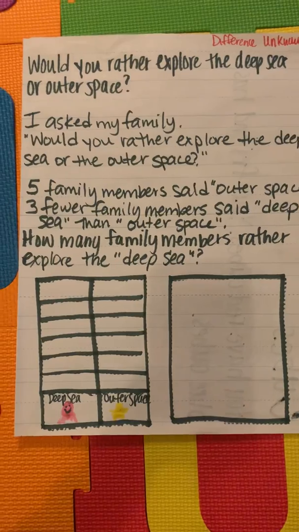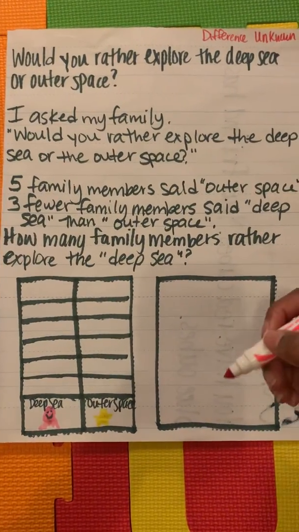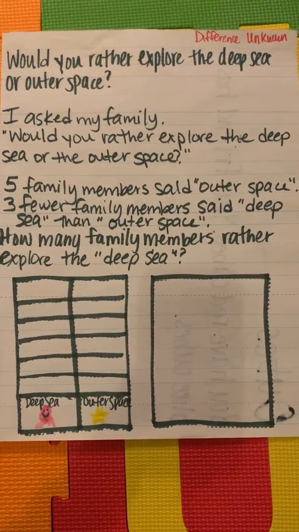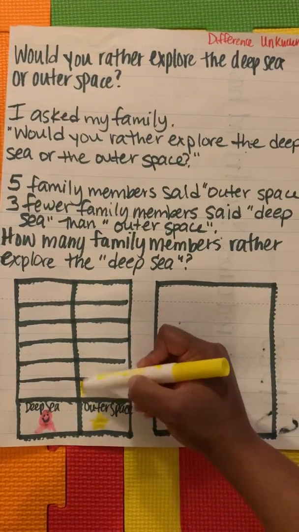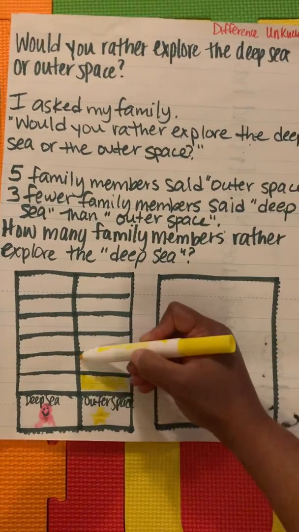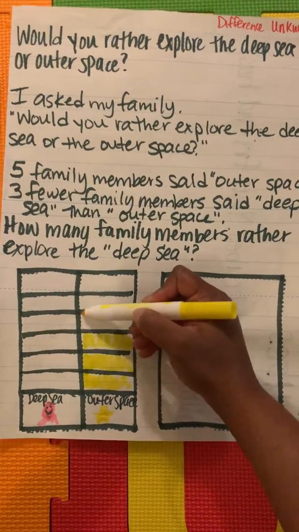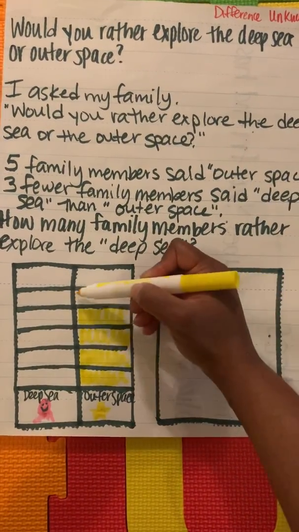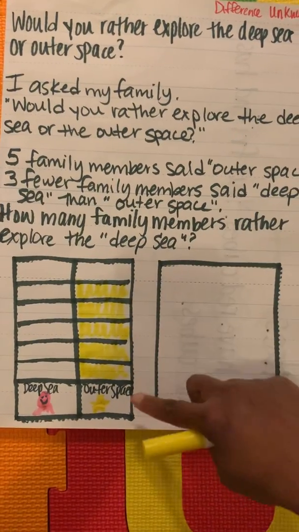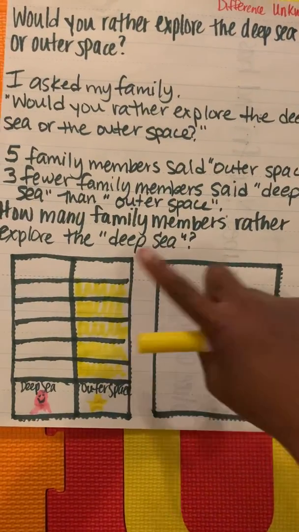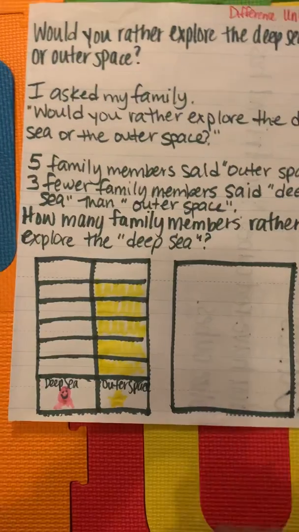So we know that. I'm going to go ahead and show the 5 family members. That's 1, 2, 3, 4, and that's 5. Make sure that's 5. 1, 2, 3, 4, 5. It's my 5 family members.